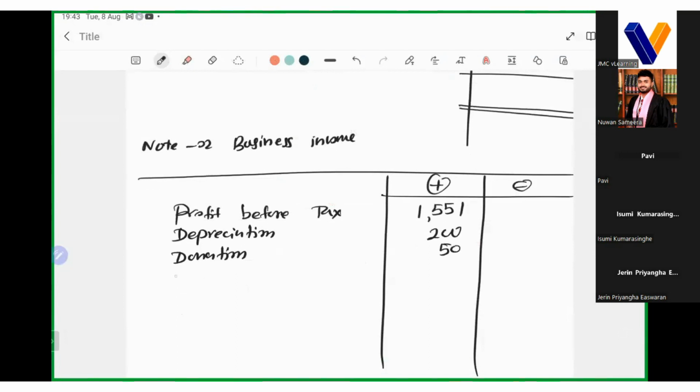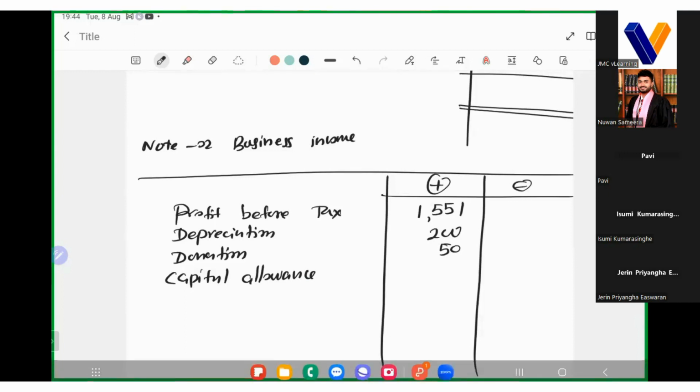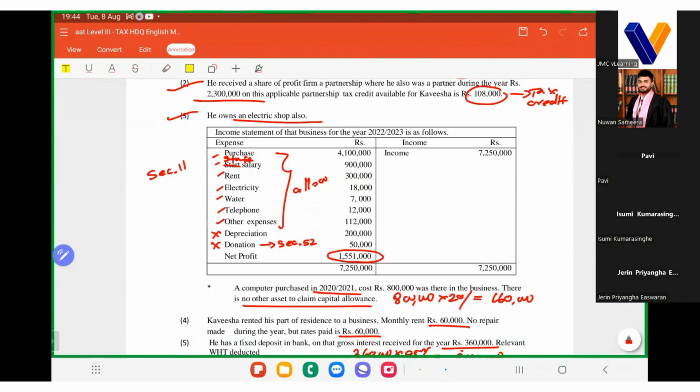But in this donation, they have given nothing about whether the donation was made to an approved charity or government institute, or in cash or goods. Nothing, right? So we cannot deduct this 50,000 worth of donation under section 52, right?